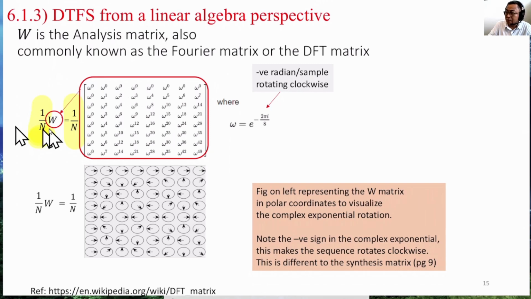We'll use the W matrix to demonstrate this. The W matrix is also formed very much like the columns of B. The only difference is that now the vectors are conjugates of B's. So this is actually B0, this is B1 conjugate, this is B2 conjugate.